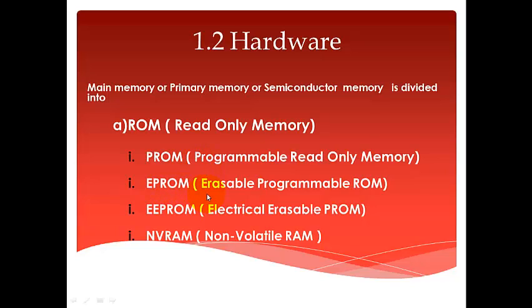Here we are able to erase and put in one more program, and here we'll be using EEPROM, that is electrically erasable programmable ROM. We can use electrical methods to erase and to install new programs. And NVRAM, that is non-volatile RAM.